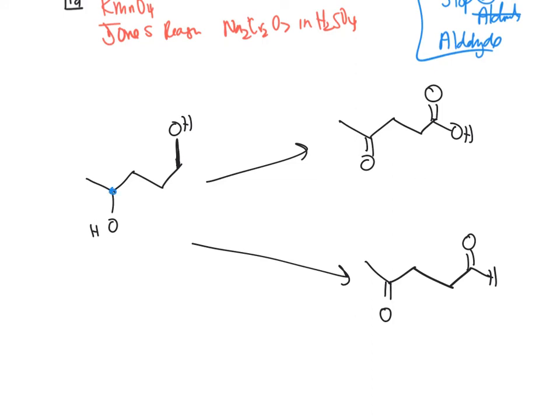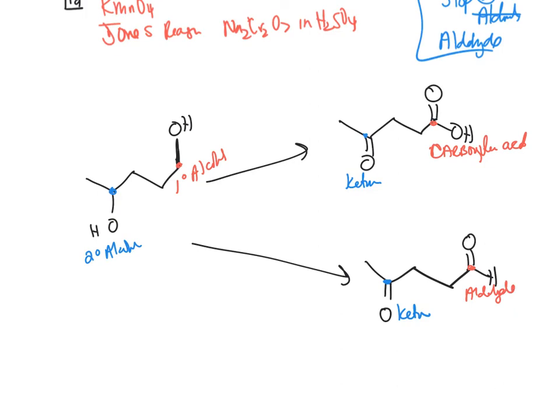So here you have a secondary alcohol, and here you have a primary alcohol. Over here you have a ketone, and over here you have a carboxylic acid. Over here you have a ketone, and over here you have an aldehyde.